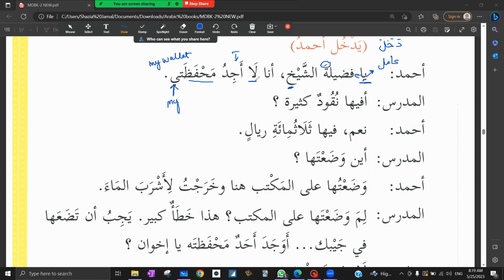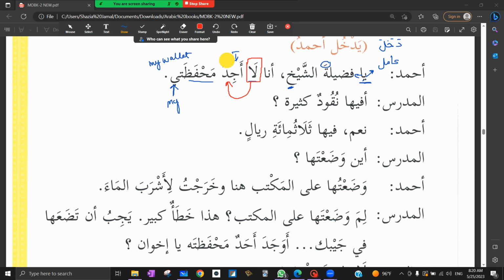La is negative. Now this is a negative statement. It is not a negative command. Both the las are different here. And this la is for a negative statement. How do you recognize that this la is for a negative statement? Check the verb coming after it. What happens to the verb coming after it?